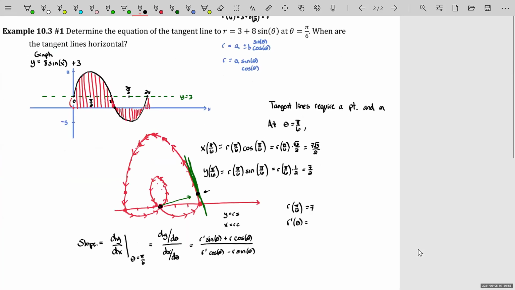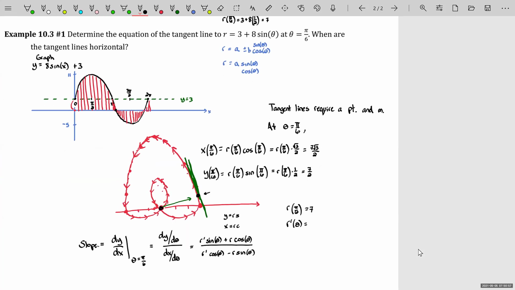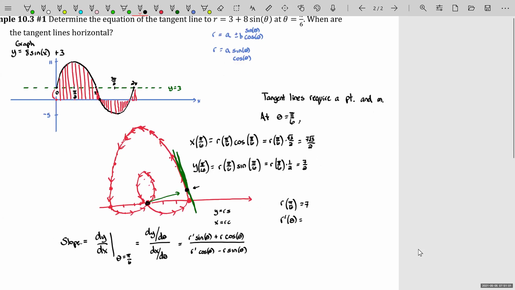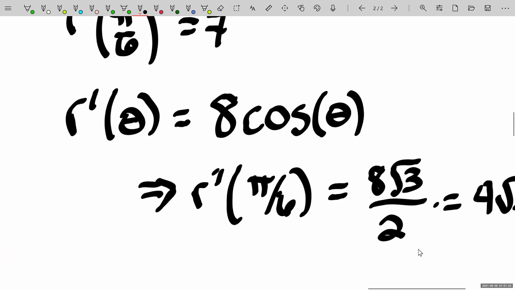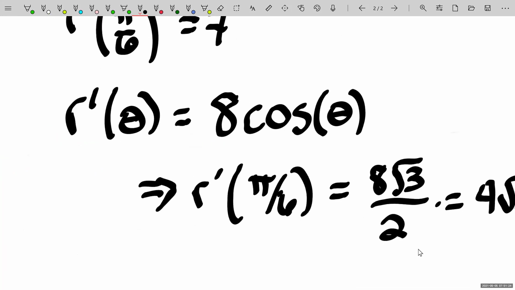Looking back up at the r we started with, which was 3 plus 8 sine of theta, its derivative is 8 cosine of theta, which implies r prime of pi over 6 is going to be 8 root 3 over 2, or in other words, 4 root 3. Sorry, that prime is kind of wacky.